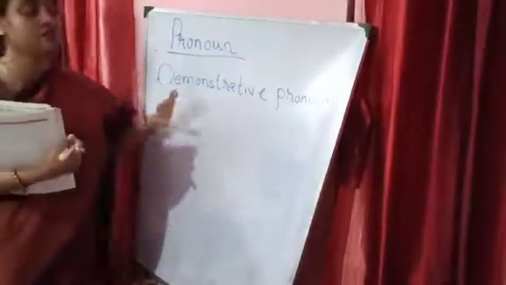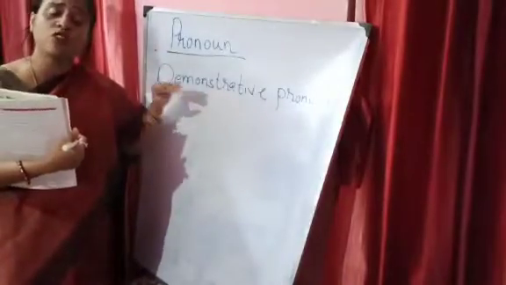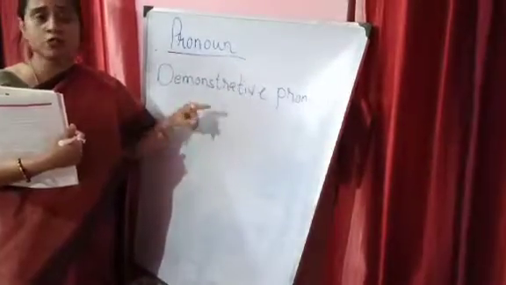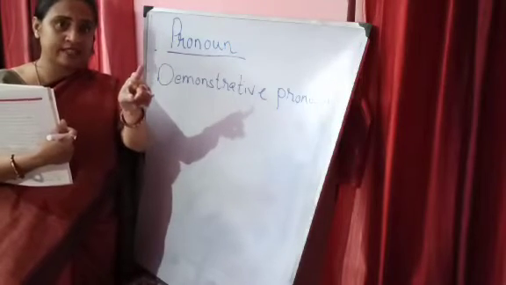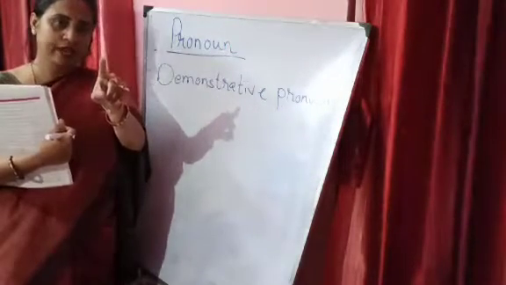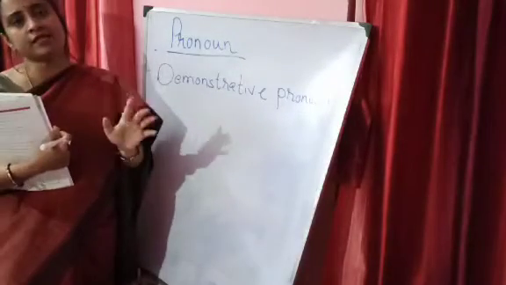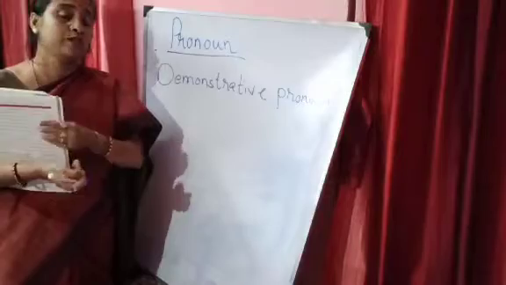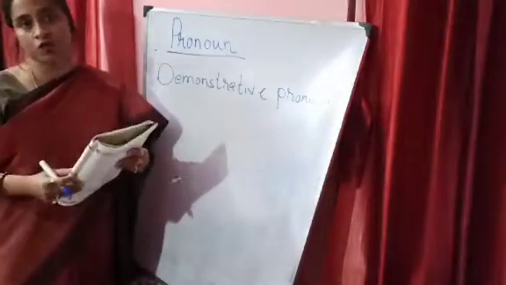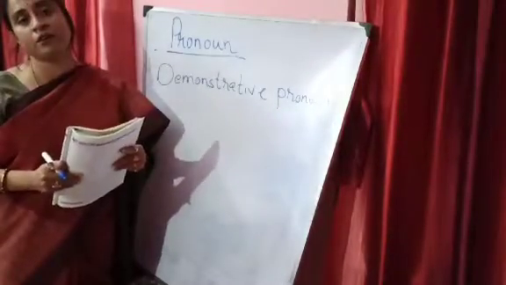What is the meaning of demonstrative? This means to point out. When you are pointing out something, this, that, those, these, these are all demonstrative words, which means they point out. These words are known as demonstrative pronouns.